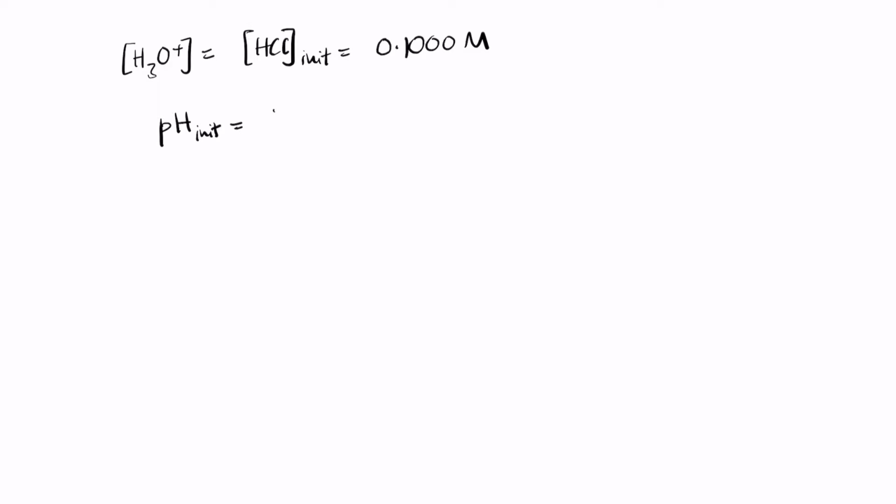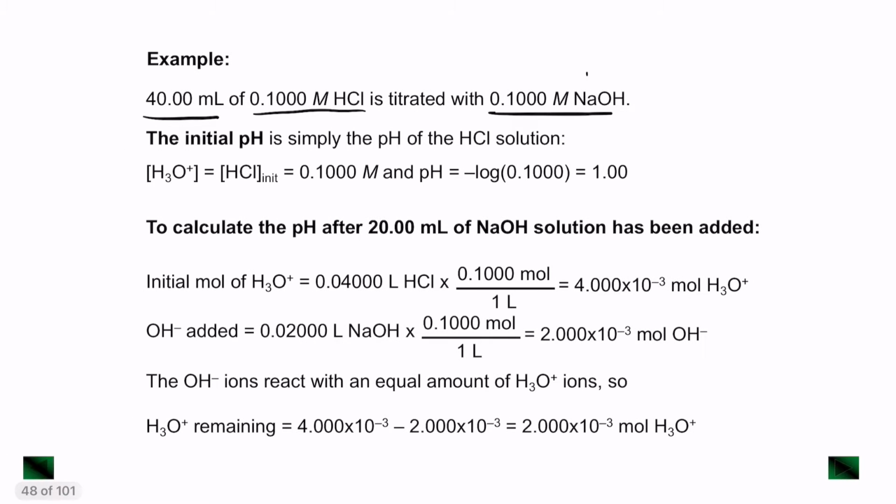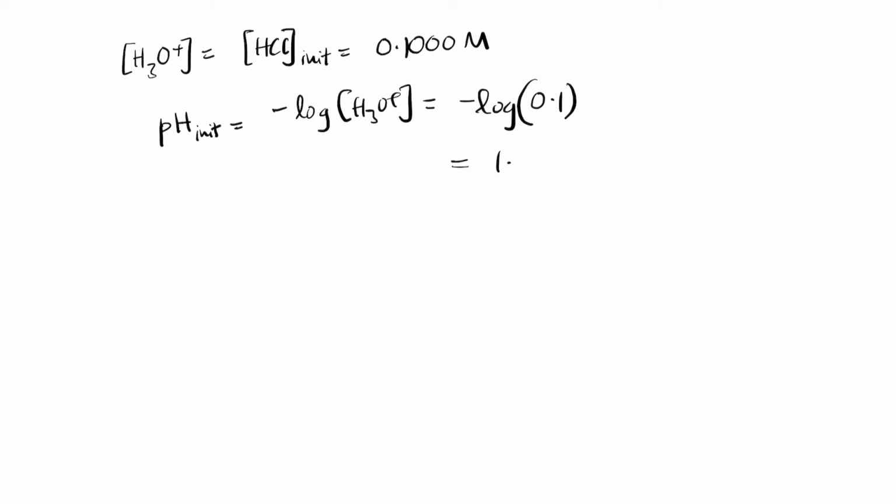The initial pH is the negative log of H3O+, so the negative log of 0.1, which gives you a value of 1. So the initial pH is 1.